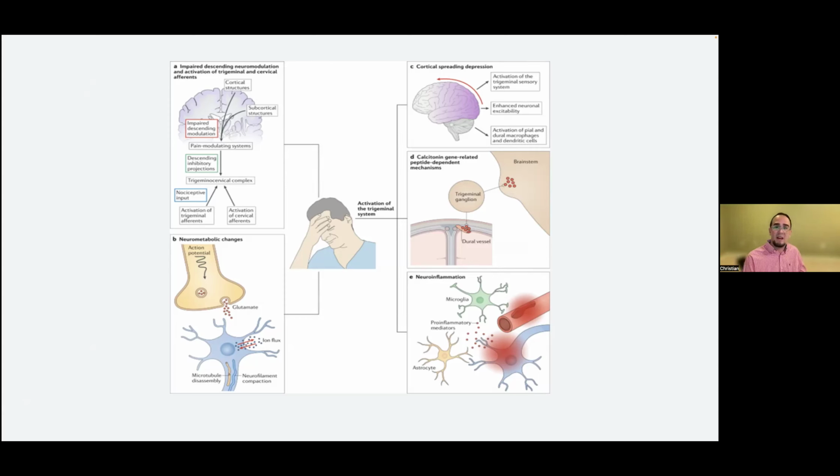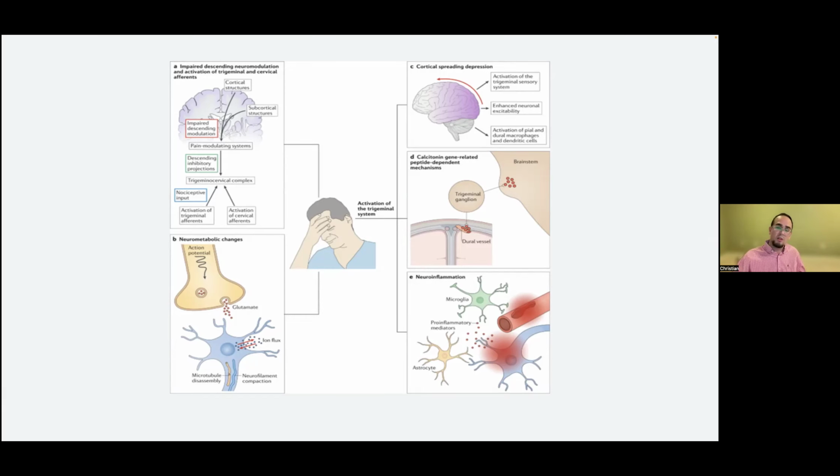Then there's a mechanism called cortical spreading depression, which irritates the trigeminal nerve and the cervicogenic aspect of the spine more. Then there's also a calcitonin gene-related peptide-dependent mechanism that releases certain neurotransmitters that make the membranes more susceptible to pain, especially in the brainstem.